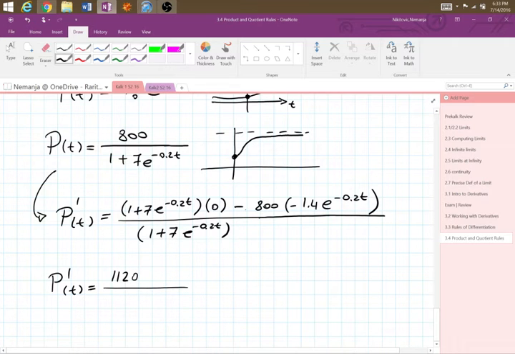Like this. 112.0 e to the negative 0.2t, over (1 plus 7e to the negative 0.2t) squared. Bottom squared? Yes, it is.